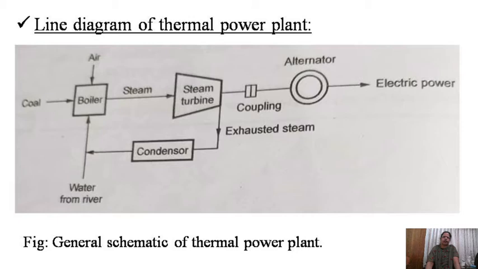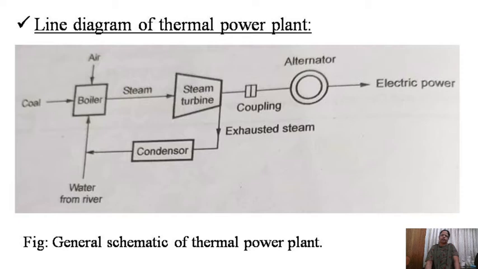The line diagram shows the conversion of heat energy into electrical energy. The steam is produced in the boiler using the coal, air, and water, and is passed on to the steam turbine, where it expands and is converted into mechanical energy.